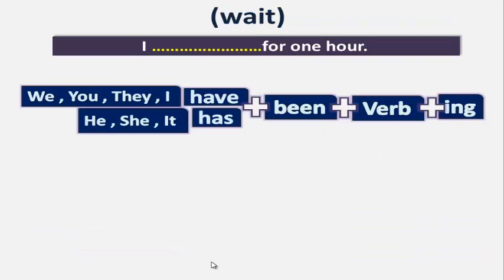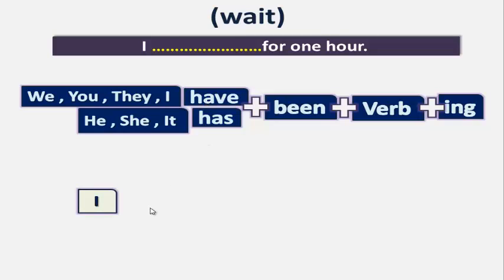Let's practice with this example. We have the verb wait, and I want you to use it in this sentence. I for 1 hour. Here is the rule to serve as a reminder for you to follow. So, remember, with the subject, and in this case the subject is the pronoun I, we're going to use the helping verb have.